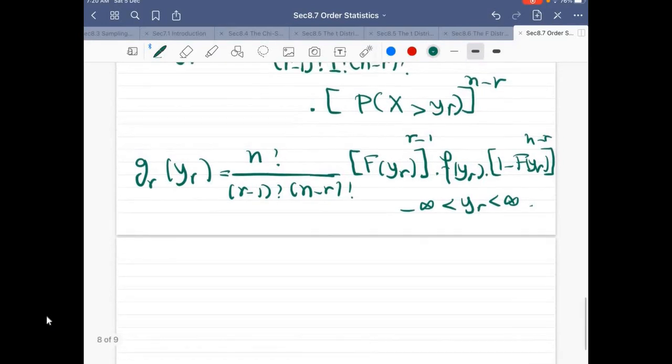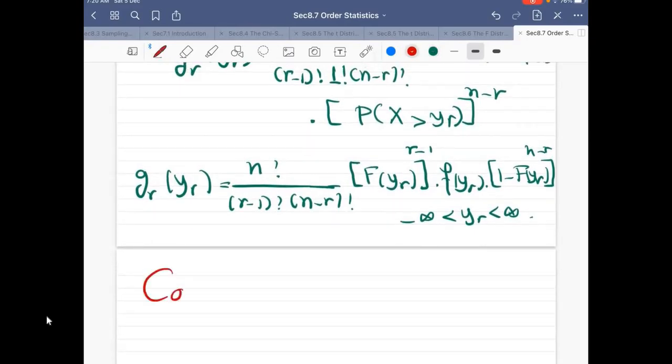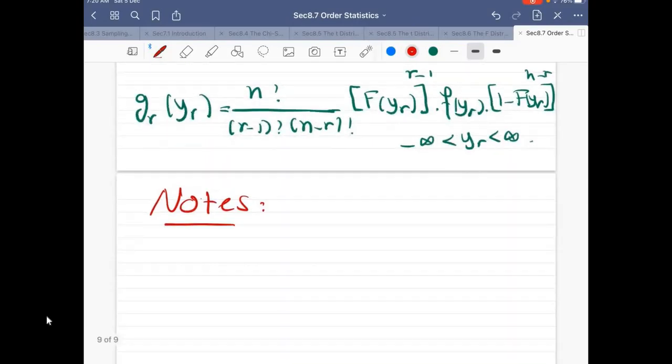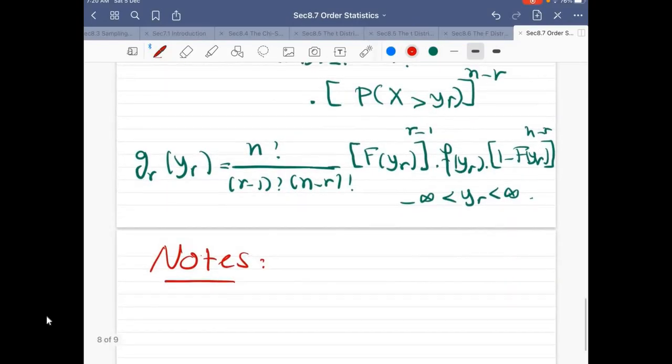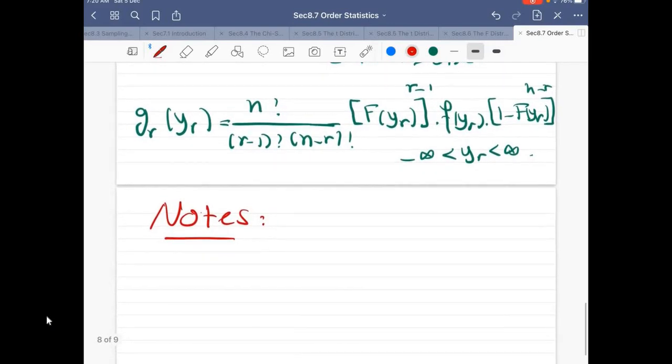And so accordingly we can derive, let's say this is notes or remarks, we can derive the probability density of the maximum and the minimum.